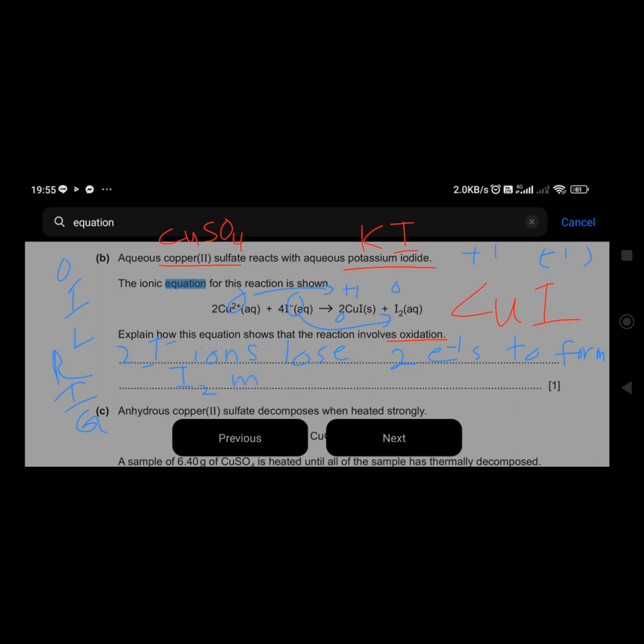We need to make the molecule, remember the story? 2 iodide ions lose 2 electrons to become an iodine molecule. Remember that the iodide ion's 1 minus charge is lost and becomes 1 iodine atom, and then it can combine with another iodine atom to make an iodine molecule, right? Okay.